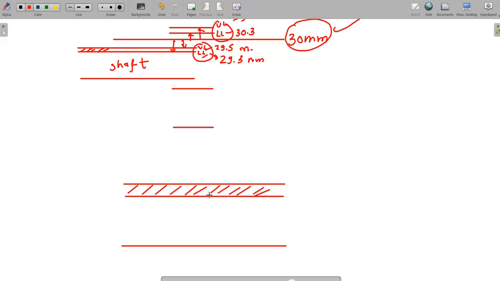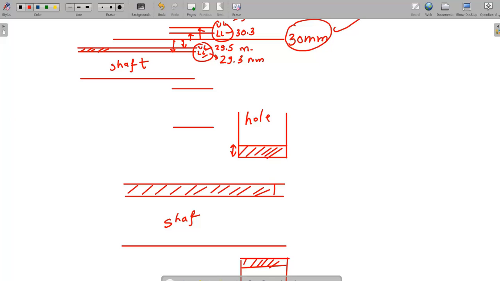So next, hole. Okay, so tolerance of hole. So I draw the other view. Okay, this is the other feature. Now this is the hole. So tolerance zone of hole, and tolerance zone of a shaft.